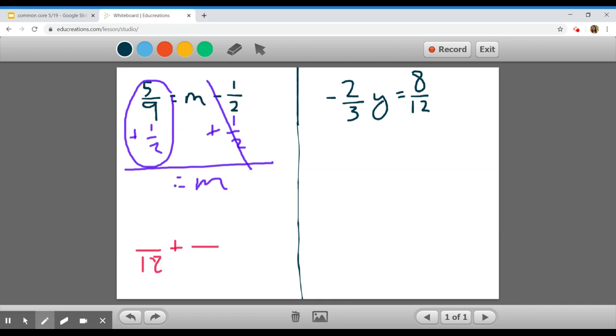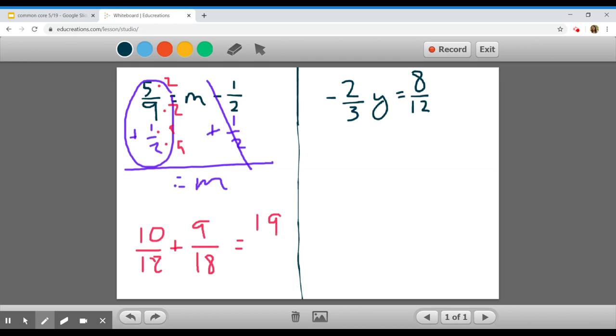I need to rewrite these so that I have denominators of 18. To convert 5/9 to have a denominator of 18, I'm multiplying by 2. So that's going to be 10/18. For 1/2, I would need to multiply both of those by 9, numerator and denominator. So that's 9/18.